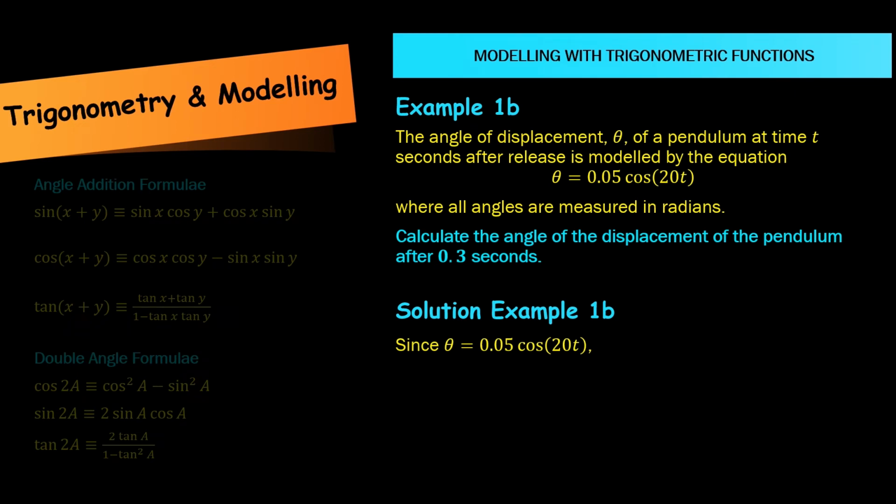Again, we have that theta equals 0.05 cos 20t, and therefore the angle of displacement after 0.3 seconds is equal to 0.05 cos 20 times 0.3, where of course 0.3 has taken the place of t in the formula.